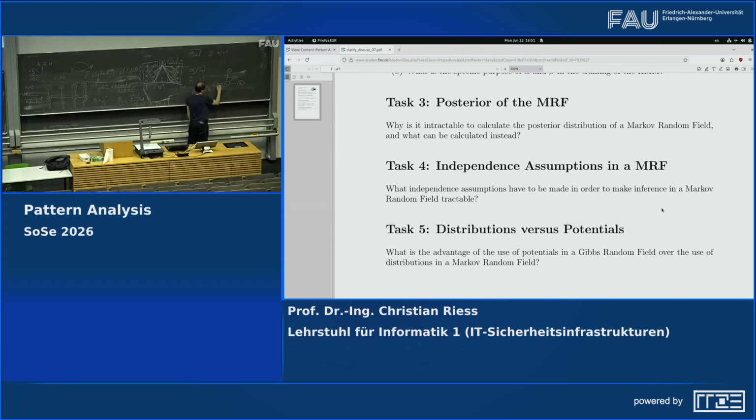And depending on what clique size you define, you need to define a function of different cardinality here in the exponent. Yeah?